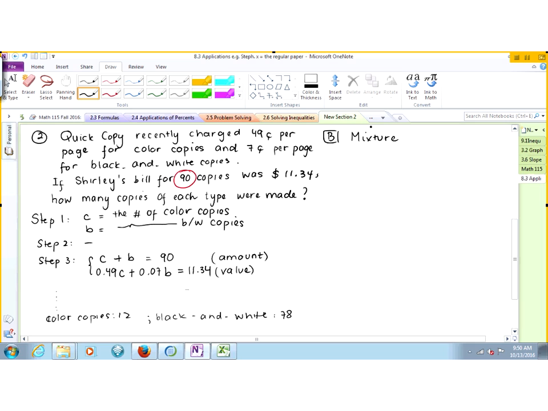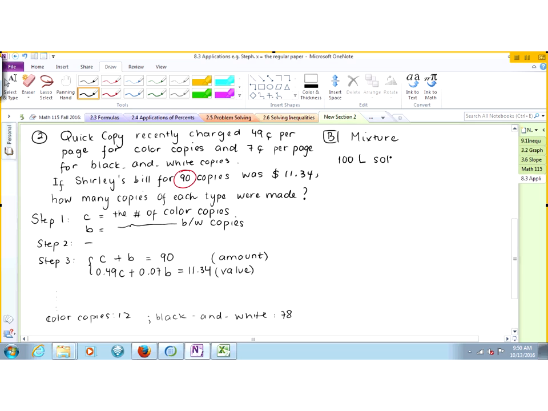So, mixture problem. All right. Suppose, before we mix stuff, we have a solution.